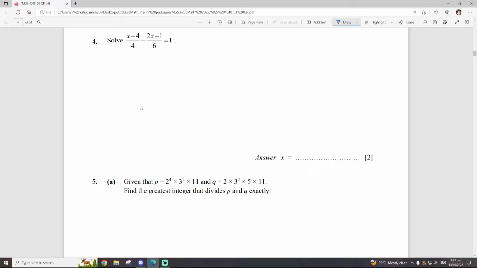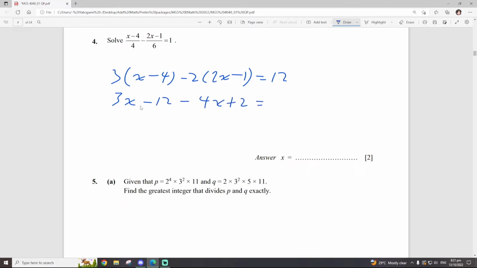So you'll get 3x minus 4 minus 2 times 2x minus 1 equals 12. Expand. 3x minus 12 minus 4x plus 2 equals 12. And then you get 24, 22. Okay, so you get minus x equals 22. So x is negative 22.